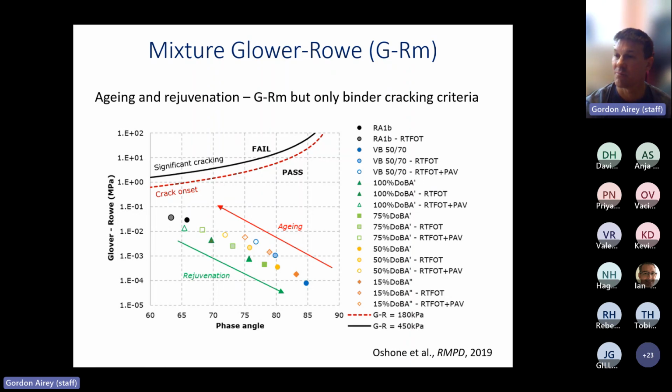And we've shifted that rheological profile in the black space from the left-hand upper corner down to the bottom right-hand corner. So again, we can put in our pass and fail crack onset and significant cracking Glover-Rowe parameters, the 180 kilopascals and the 600. This is slightly outdated; it actually should be 600, not 450. That gives us an indication of how close we are to the cracking.